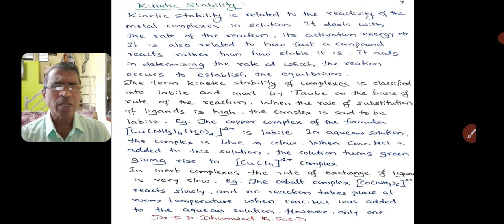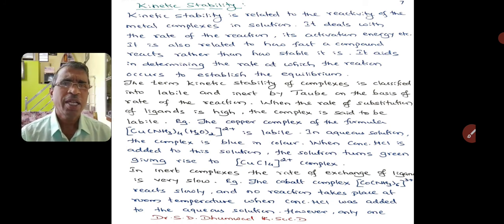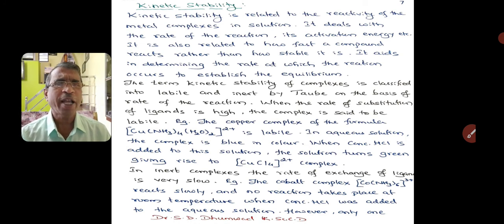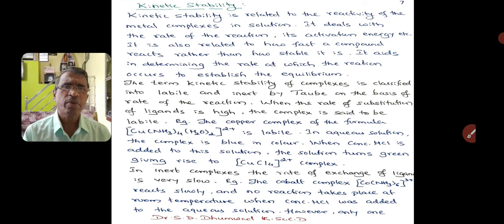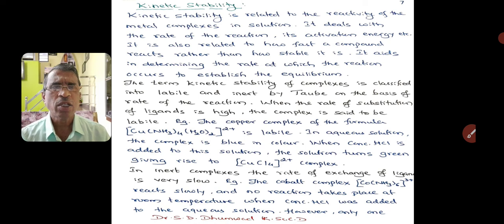In inert complexes, the rate of exchange of ligands is very slow. In the above case, the rate of exchange of ligands is very fast. That's why the above complex is an example of a labile complex. In inert complexes, the rate of exchange of ligands is very slow. The example: the cobalt complex [Co(NH3)6]3+ reacts very slowly, and no reaction takes place at room temperature when concentrated HCl is added to the aqueous solution.